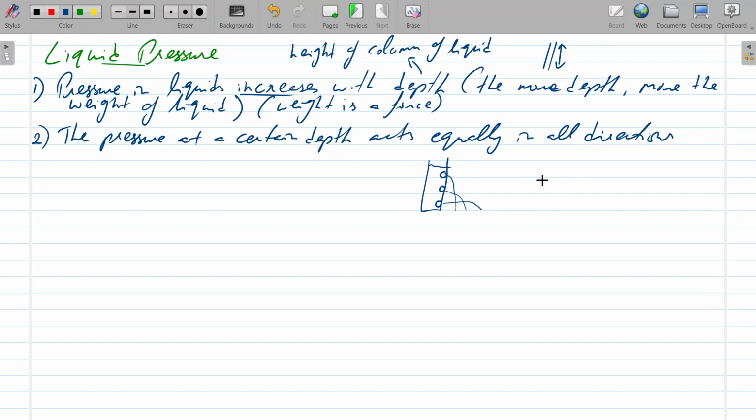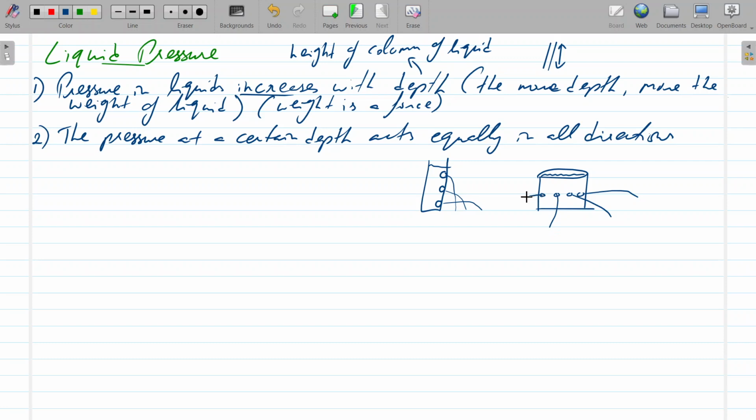Now, the second illustration they give is a bucket. And what they do is that they make holes at a certain depth equally. And so what happens is that from any one of these holes, because it's filled with water and all these holes are at the same level, the water will be spurting out with the same force.